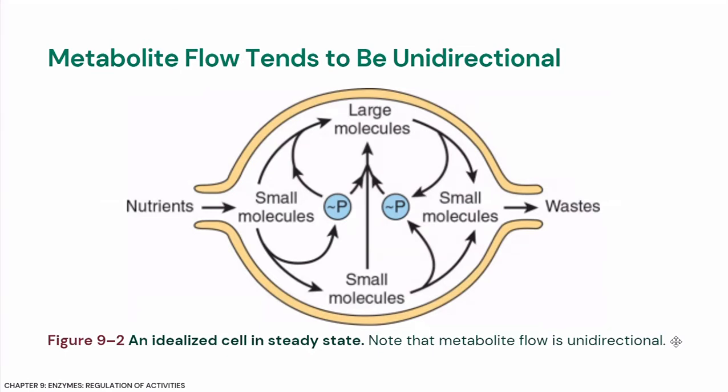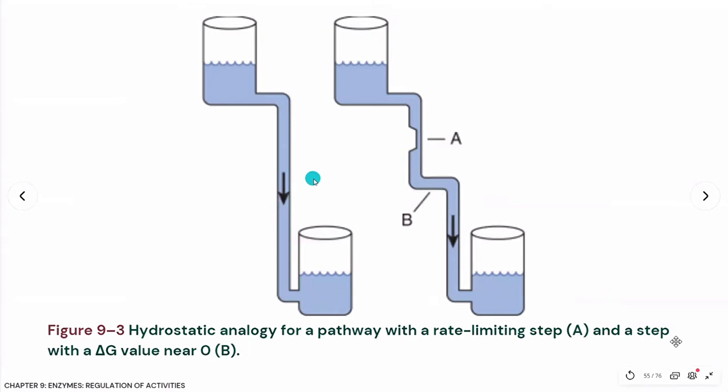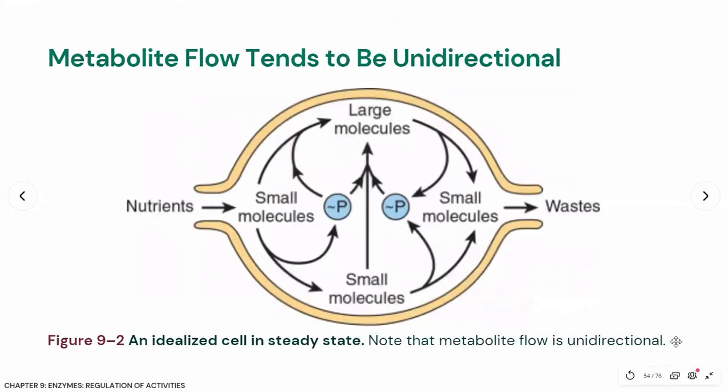This does not look like the cell, but you just have to imagine that this is the cell. And of course, the cell does not have an opening like that. But it's just to show that nutrients get into the cell, and there are small molecules that, through enzymatic activity, can become larger molecules.